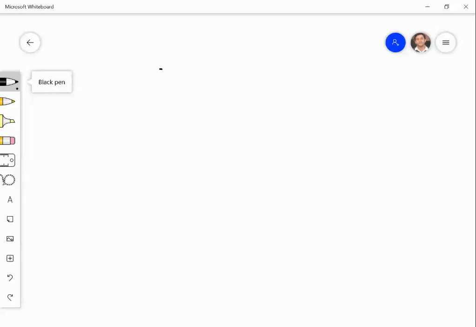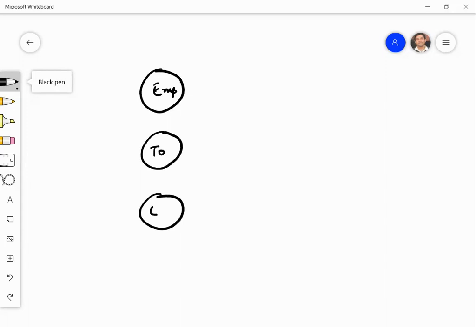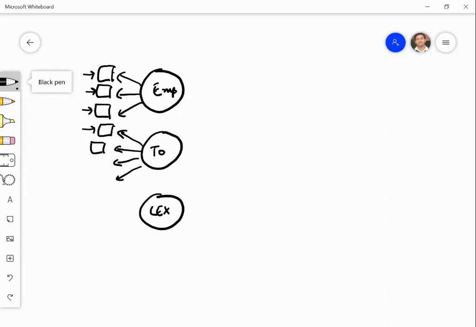We have tested our first order factor model. We had EMP, TO, and LEX, with 3 items for EMP, 4 items for TO, and 3 items for LEX.